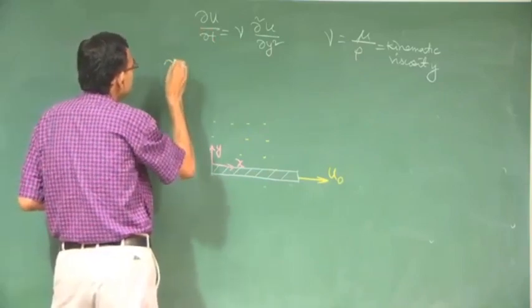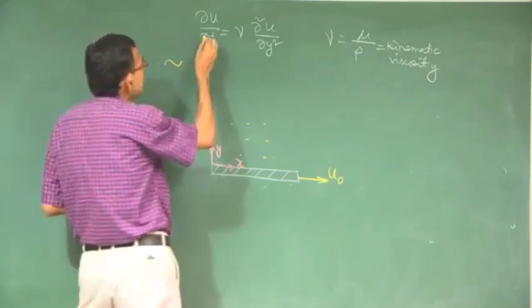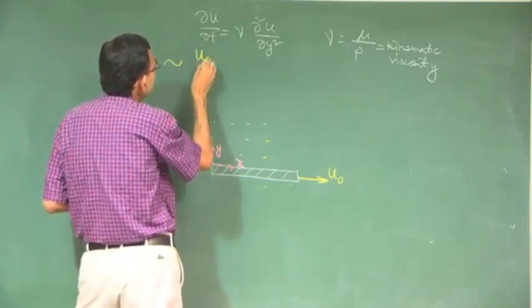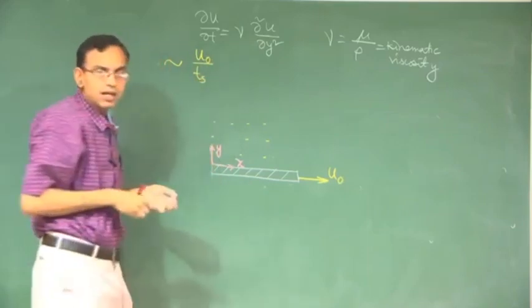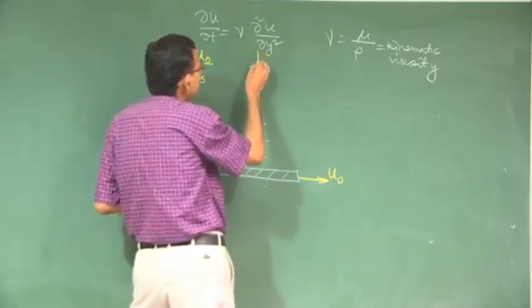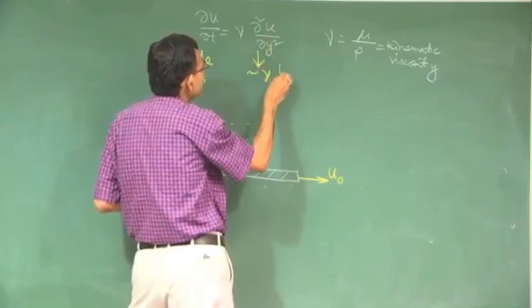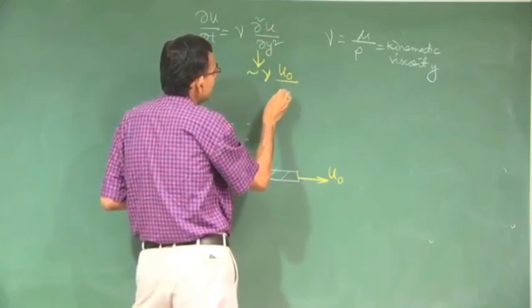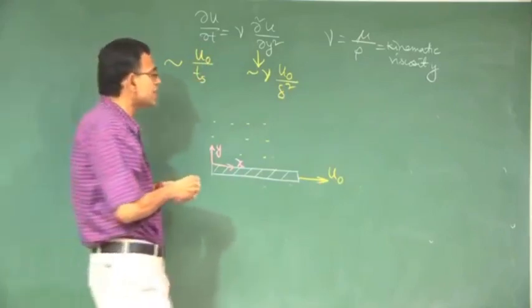So, this symbol, this tilde, means of the order of. So this is of the order of u0 by ts, where ts is the time scale at which we are interested. It can be anything from 0 to infinity. This is of the order of nu, this is the length scale, also unknown. What is this delta?